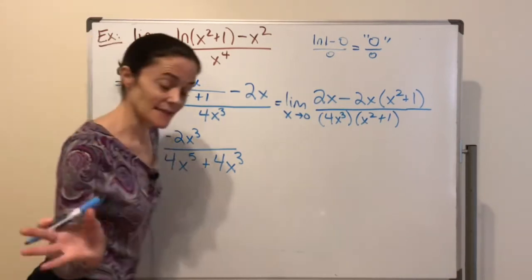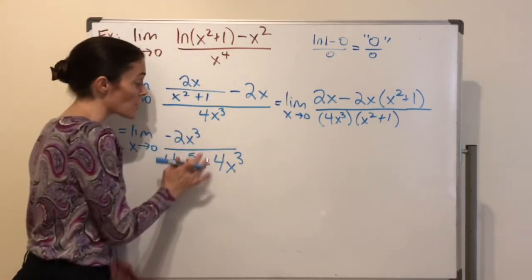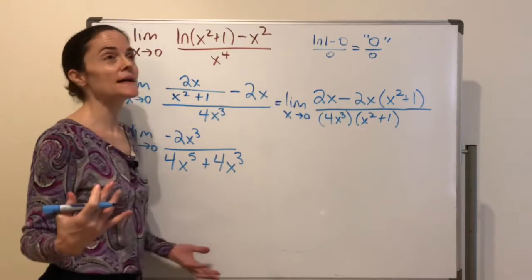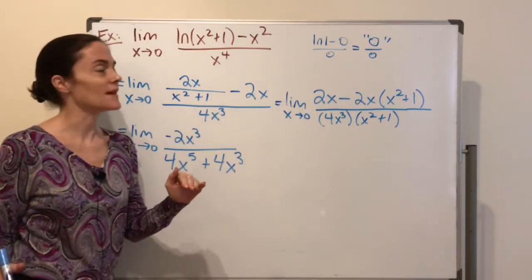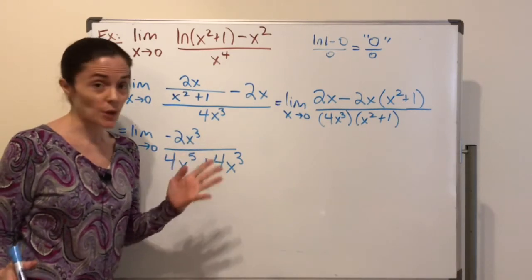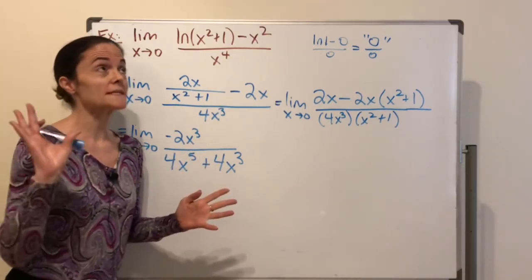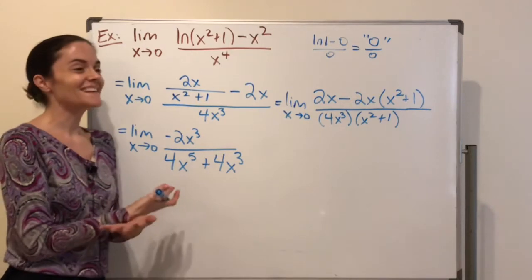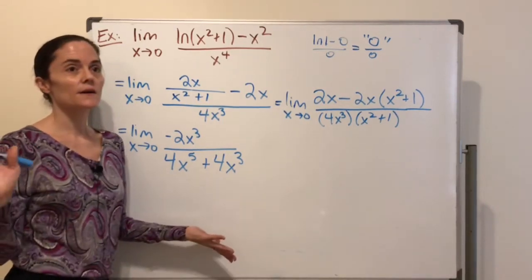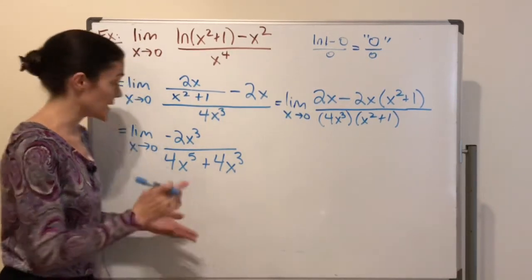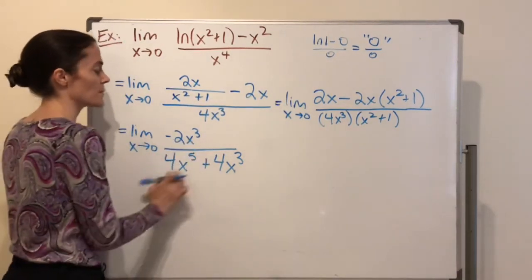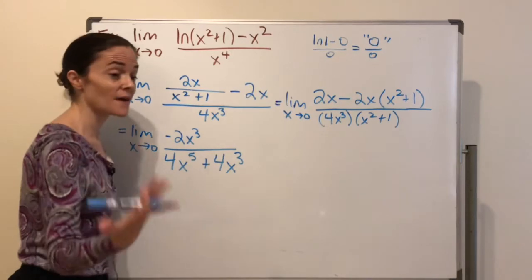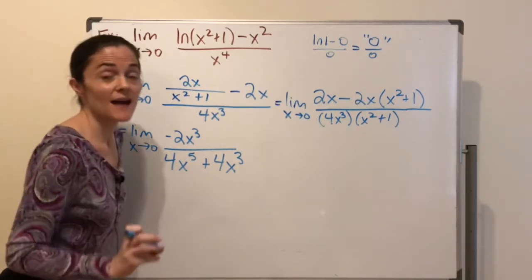Now, technically, I have 0 over 0 again, but if I have polynomial divided by polynomial, I'm not going to use L'Hopital. We saw this on our limits day, especially with limits at infinity, and this is a limit at 0, not infinity, but when we had polynomial divided by polynomial, we would divide by a power of x.